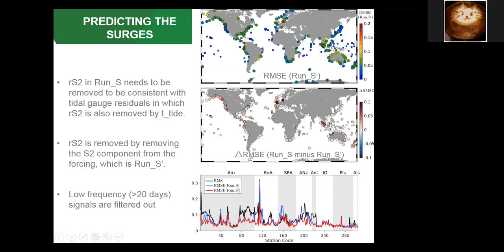In this evaluation, we filtered out the low frequency signals because we want to focus on the high frequency signals generated by the atmospheric forcing. I also want to note that the model has some limitations over the tropics, such as the Pacific and Atlantic islands in the ocean, due to the limited resolution in both the model and the forcing.